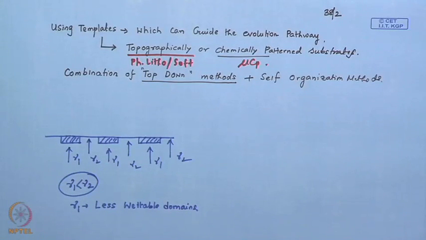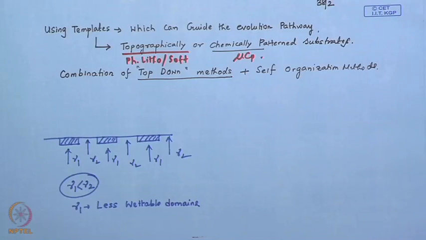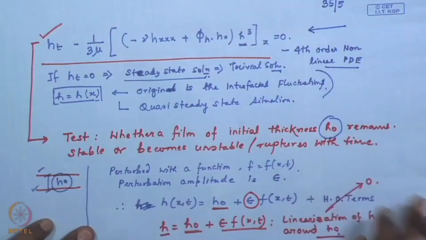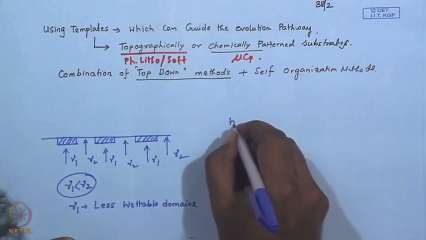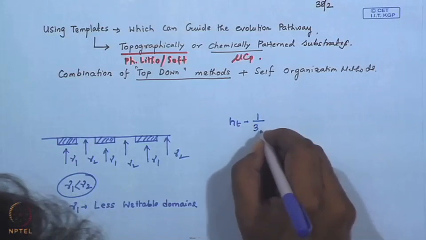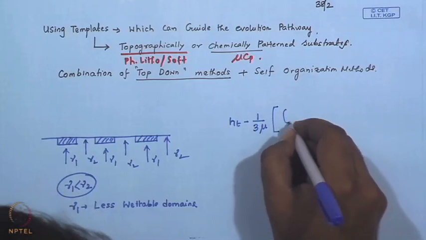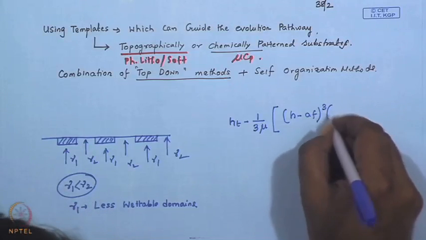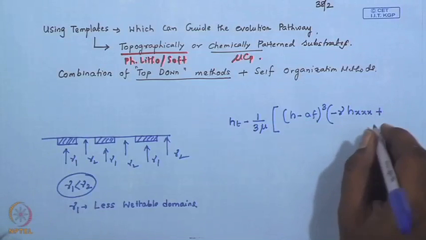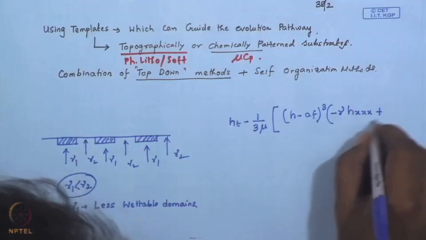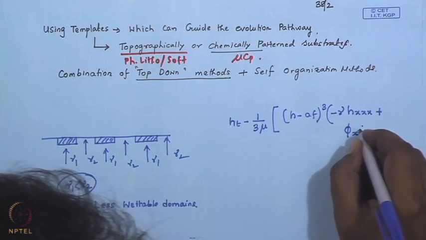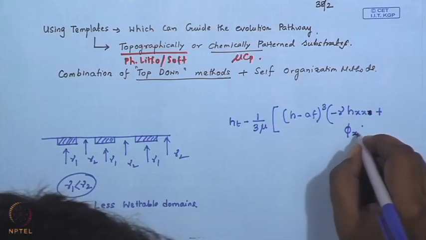So, what happens is, when you are talking about dewetting on a chemically or a topographically patterned surface, your equation, the thin film equation, if you remember from our 35th lecture, which has this form, gets slightly modified as, okay, I will write it like this.